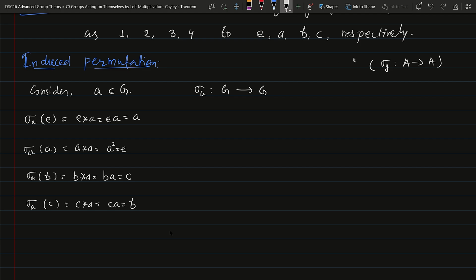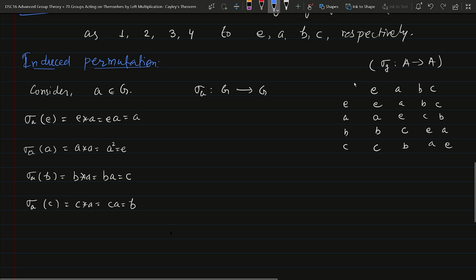I think you must be aware of the operation in the Klein four group. So we have this operation: e, a, b, c, then e, a, b and c. If we multiply with a, then we have e, a, b and c, then a, e, c, b. Then ba will be c, b square is e, bc is a, then ce is c, ca is b, cb is a, and c square is e.